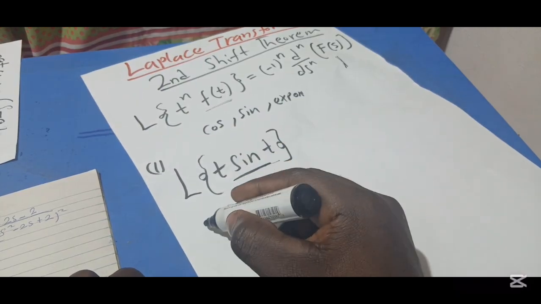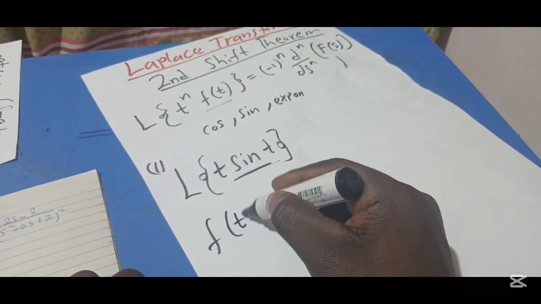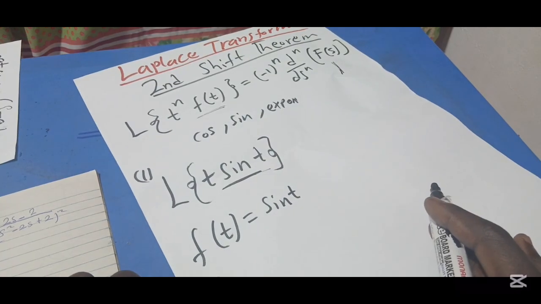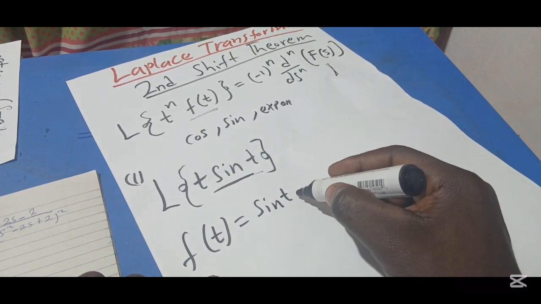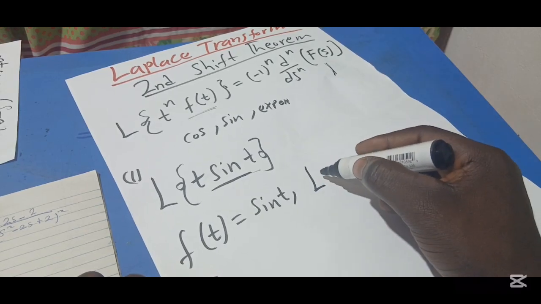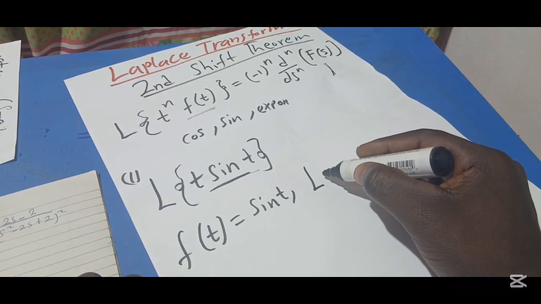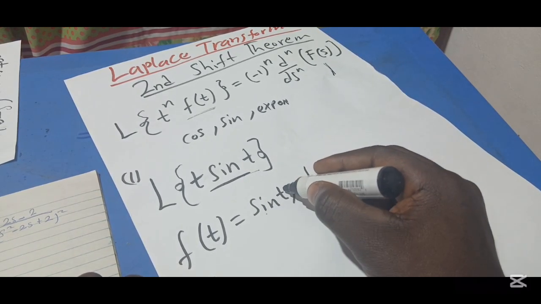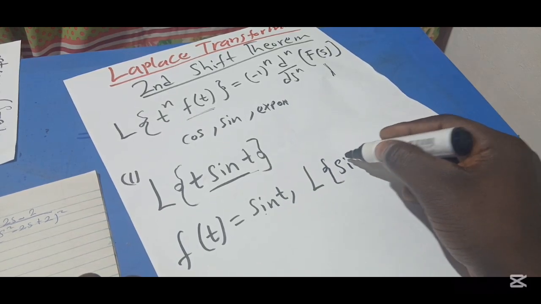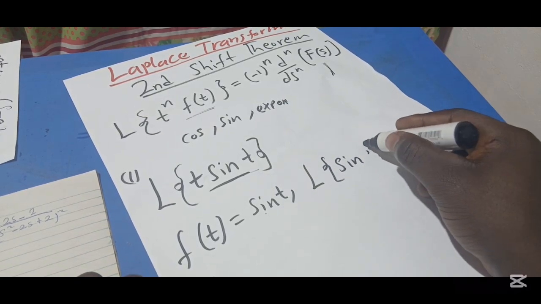This is our f of t, so our f of t equals sine t. Now let's look out for the Laplace transform of f of t. Since sine t is our f of t, the Laplace transform is just that of sine t.